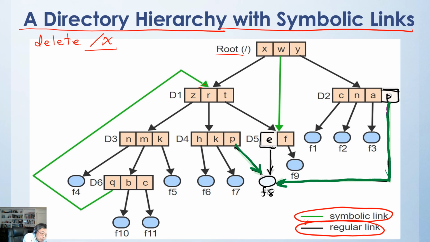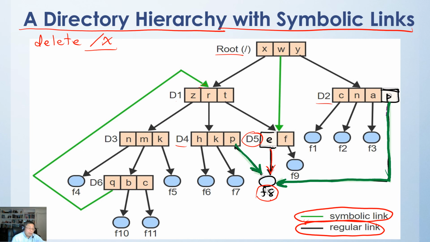The other links must be symbolic links. Like in this case, file F8. F8 has 3 links, right? Only one is the regular link. So F8 has only one parent, that's D5. The other two links are symbolic links. So D4 and D2 are not parents.